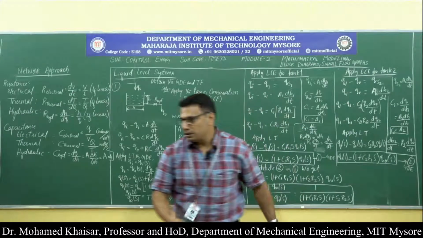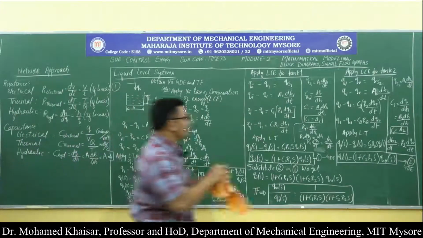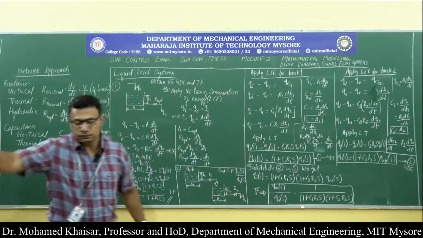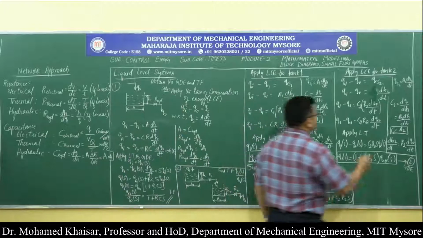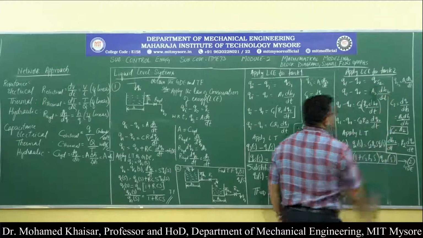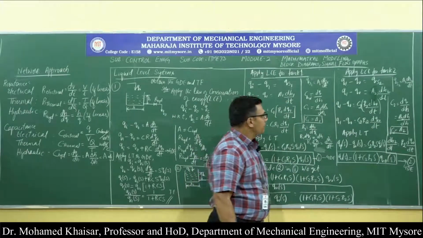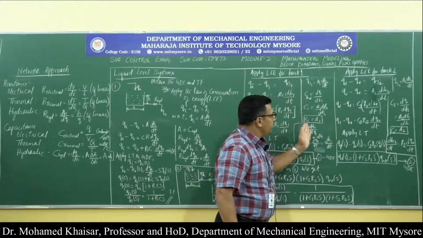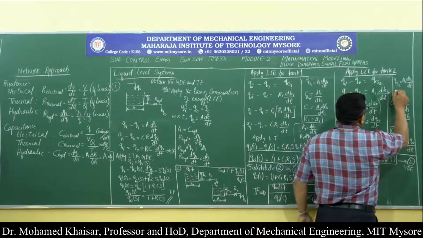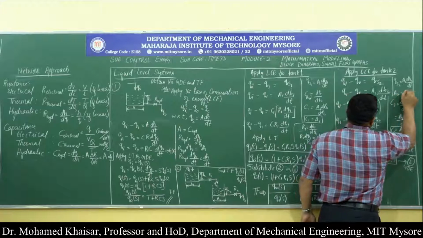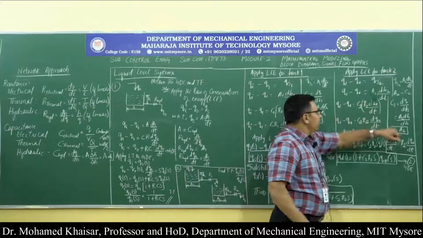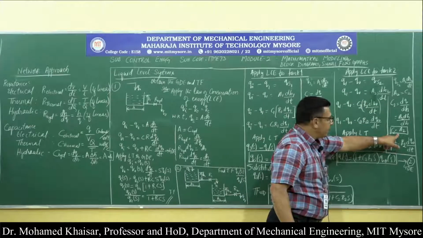I think this is not properly written. A2 into dH2 by dt. Now, thereafter, as we have done over here, A2, as per the network approach, is nothing but the hydraulic capacitance of tank 2. Then, this is what has been derived over here.